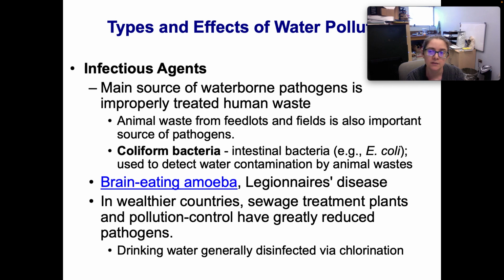In wealthier countries, sewage treatment plants and pollution control have almost completely eliminated pathogens being in the water. And we generally have good information about those. So if you get a boil order or something like that, that generally means that there's not enough chlorine in the water to disinfect it.